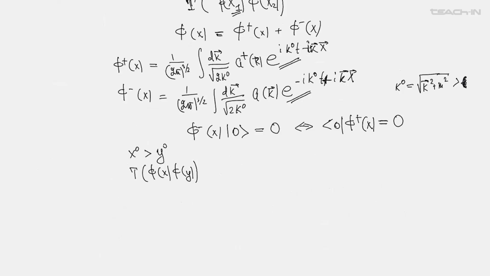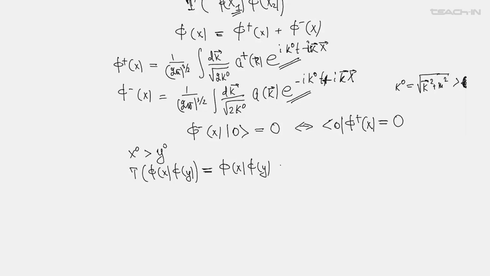Okay, and so now what do we do? We say x0 is bigger than y0. This means that I should write this T-ordered product as phi x and phi y, right? Because x0 is bigger than y0, so the field phi on x is later, and that's why, according to the time ordering, it goes to the left of phi y. And now I expand these fields in terms of positive and negative frequency parts.